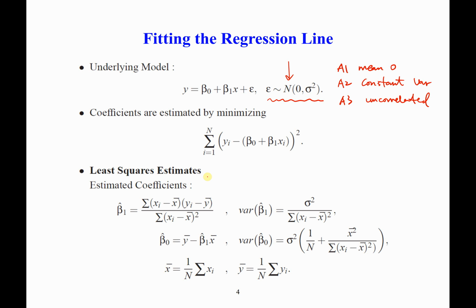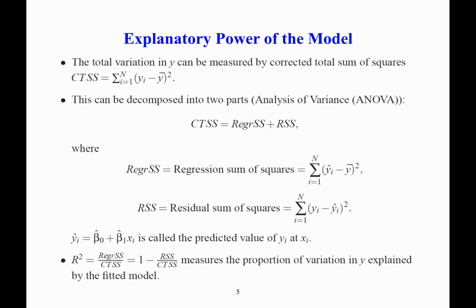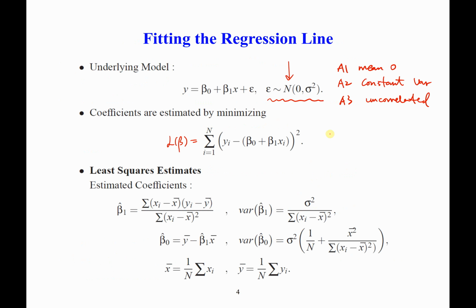So based on the least square estimation, we are going to do the normal equation. So what are the normal equations? If we take this as our loss function, then what we are going to do is take the derivatives with respect to beta 0 and the derivative with respect to beta 1 and set both equal to 0.